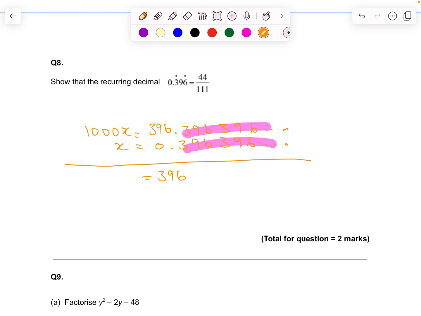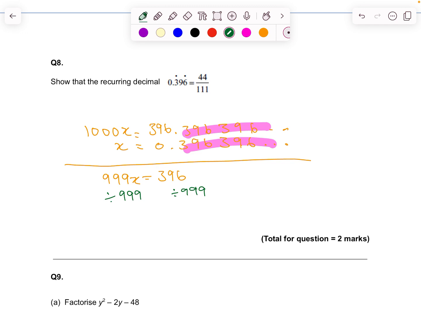So 396 take away 0, which is 396, and 1,000x take away 1x, which is 999x. Then I want to leave x on its own, so I'm going to divide both sides by 999.